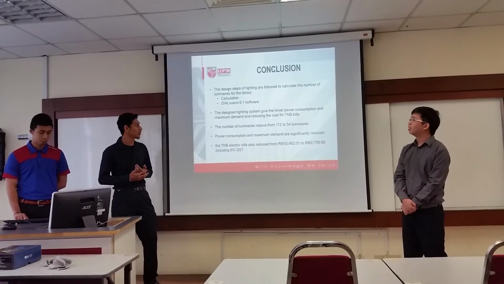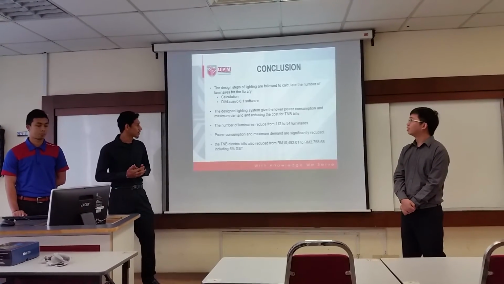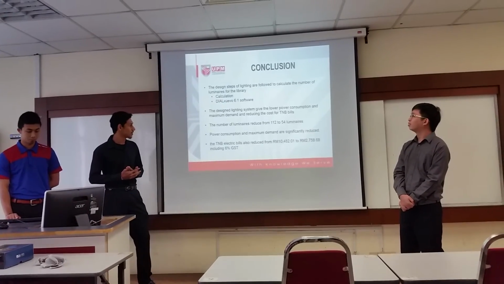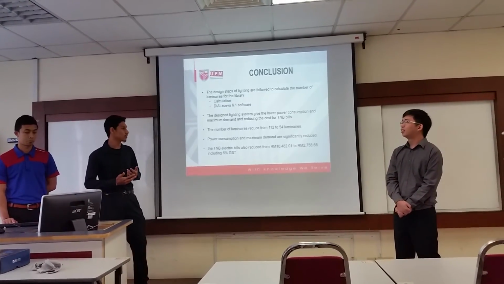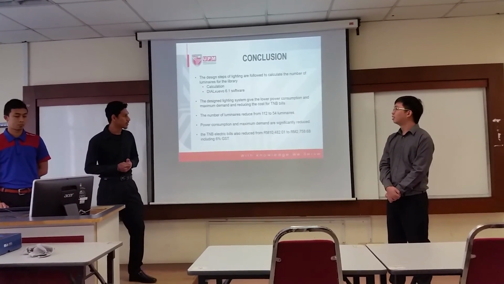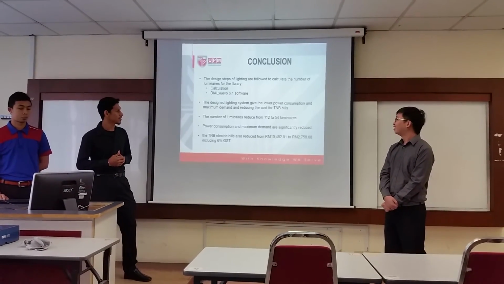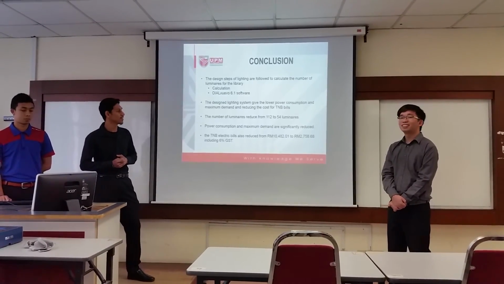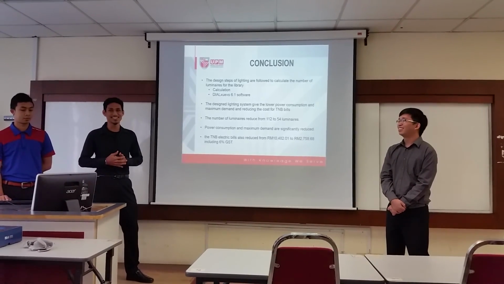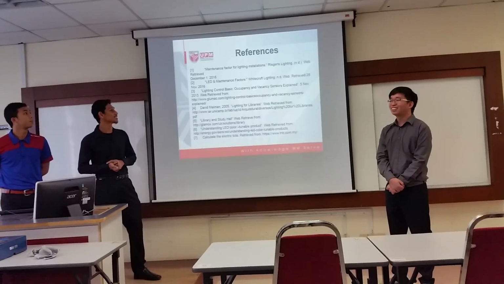The number of luminaires will also decrease. As Nursyahirah told before, the TNB bill is also reduced from 10,482.1 ringgit to 2,758.60 ringgit, including 6% GST. This is our reference, and that's all from us. Thank you.